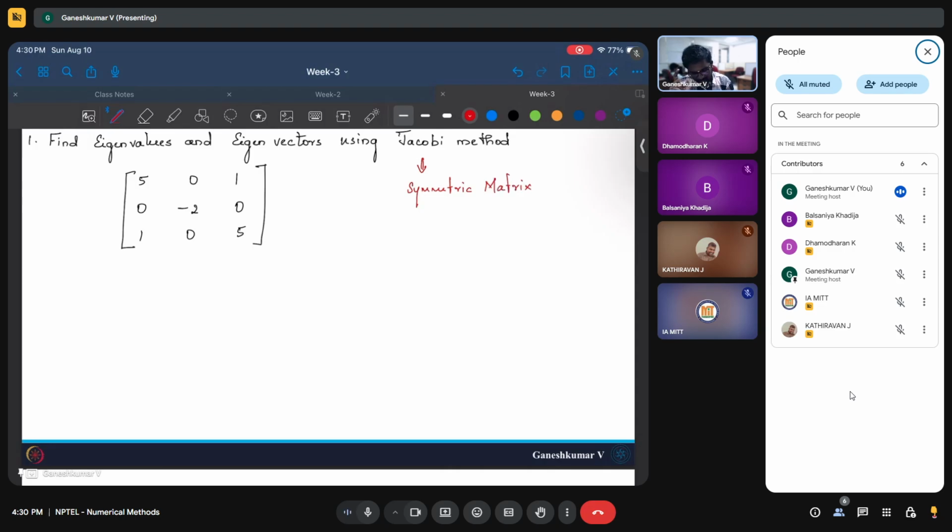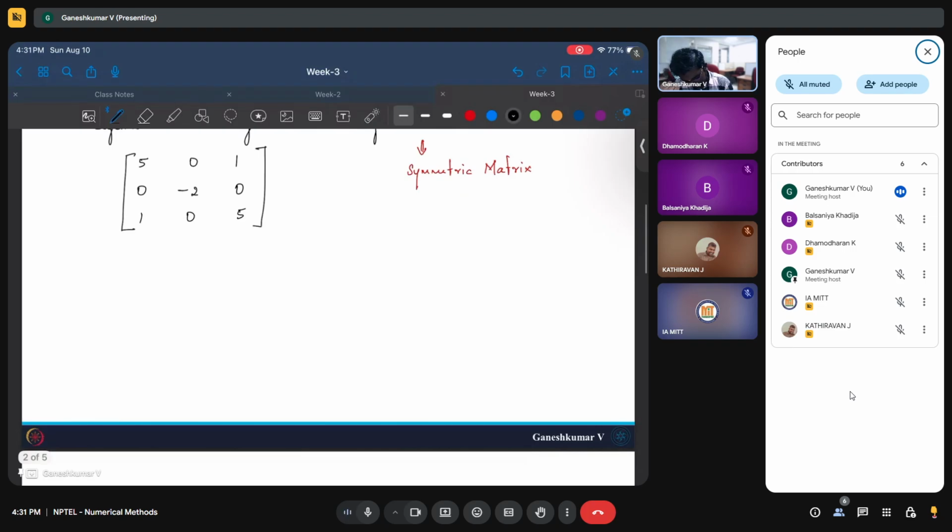Symmetric means aij is aji. In this case a12 and a21 are same, a31 and a13 are same, which is 1, similarly 0, and you have the diagonal elements 5, minus 2, 5. So this is a symmetric matrix, so you can apply the Jacobi method.